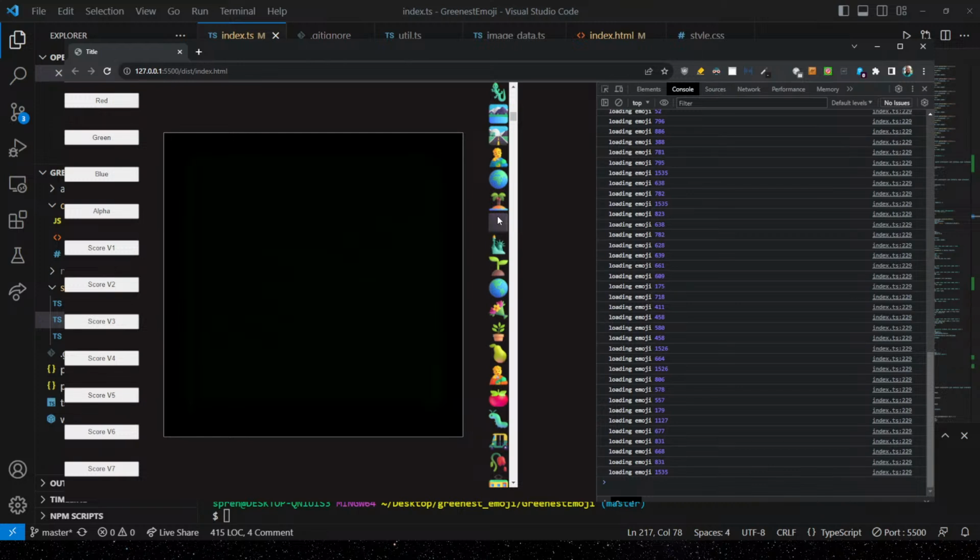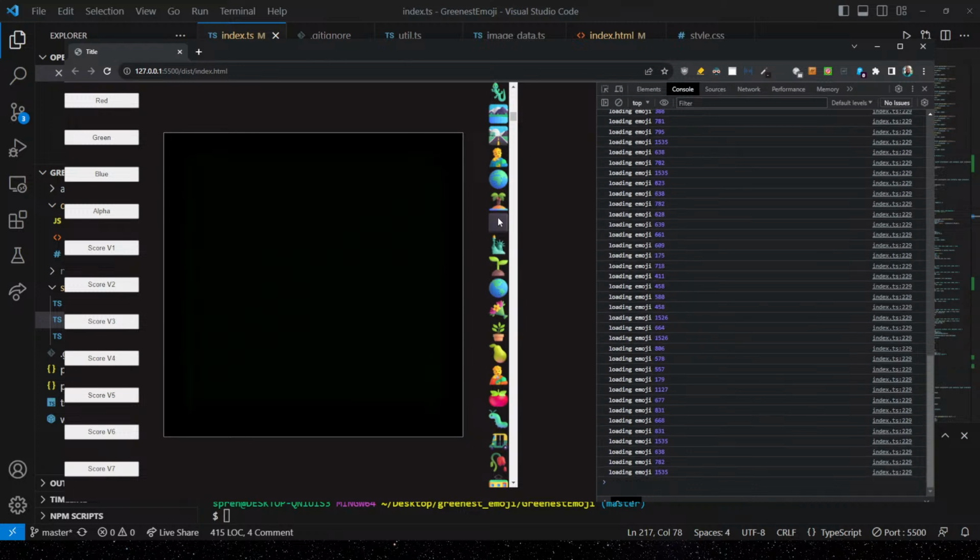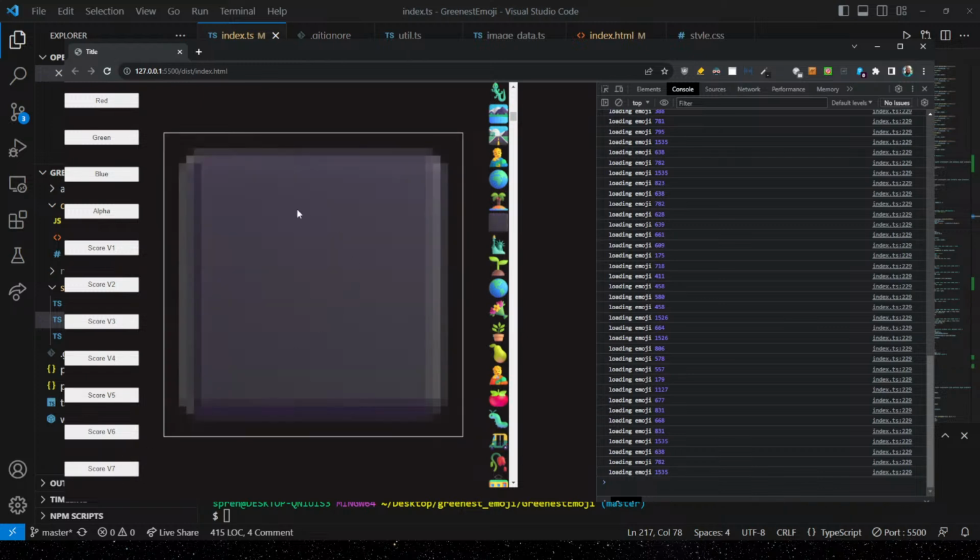Now I still think some of these other things should be rated higher. I definitely think this and this should be rated higher than black square, because I don't actually see any amount of green personally. This does not look green to me when I look at black square. Oh, that's a slight annoying thing.